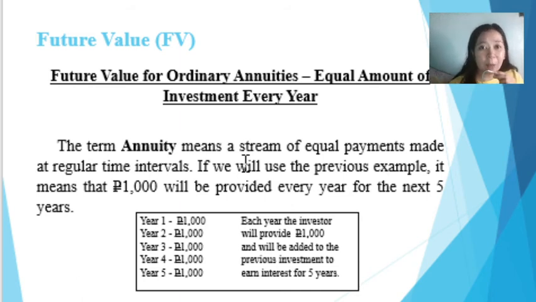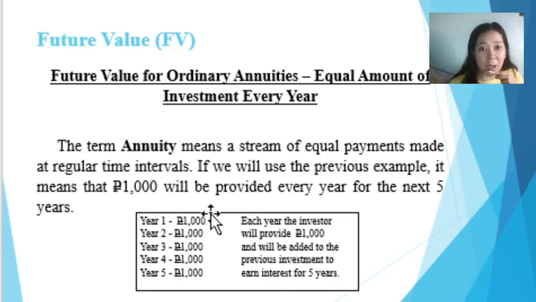However, in the case of annuity, the investor is going to place the investment every year. So if we use the previous example, it means that 1,000 will be provided every year for the next 5 years.